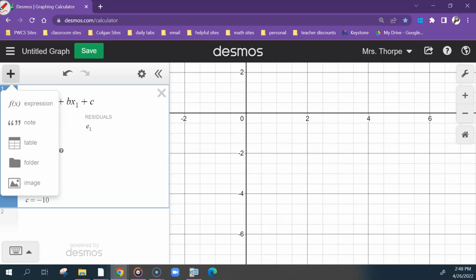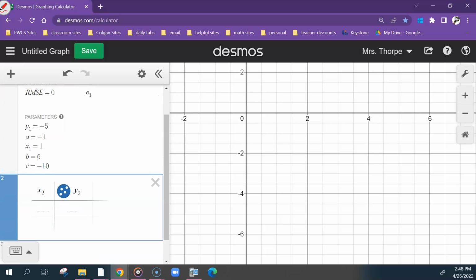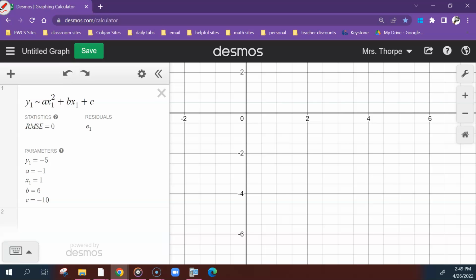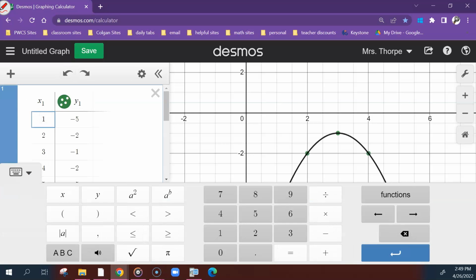And I add in another one. The table now becomes x2, y2, which means you would have to change your equation to be y2 tilde ax2 squared plus bx2 plus c. So keep that in mind. So I'm going to fix all of my numbers.